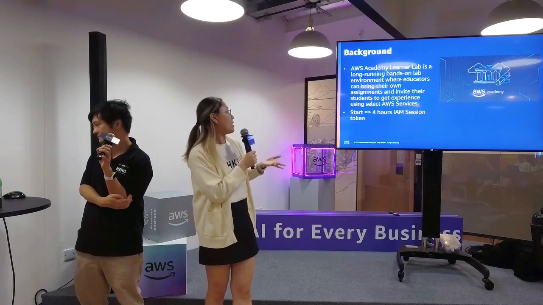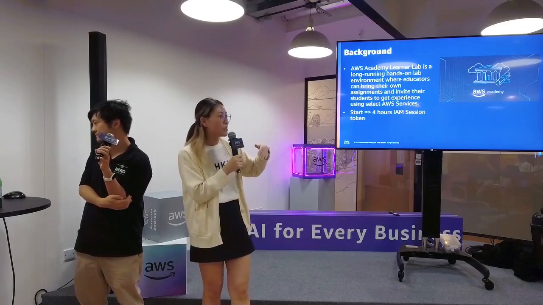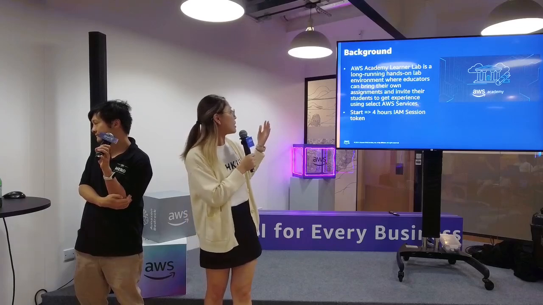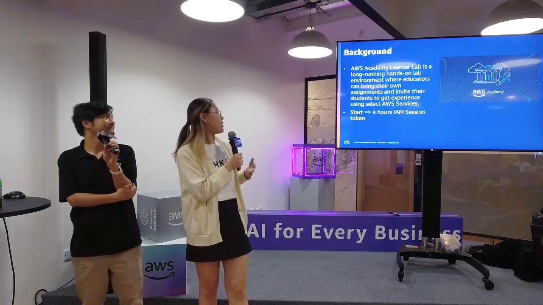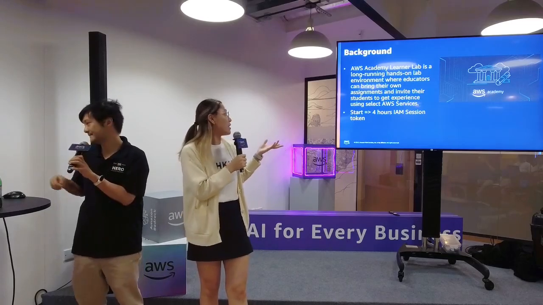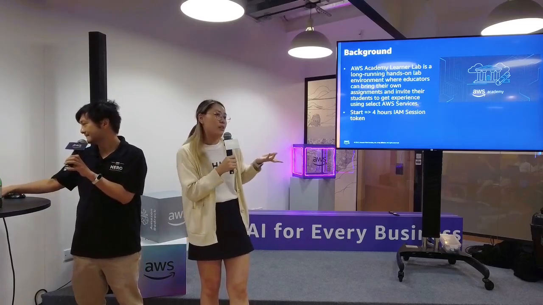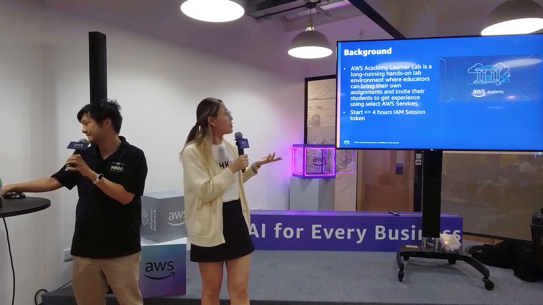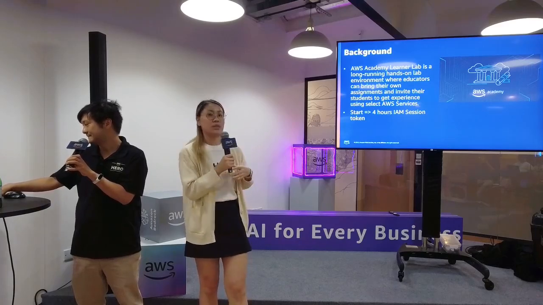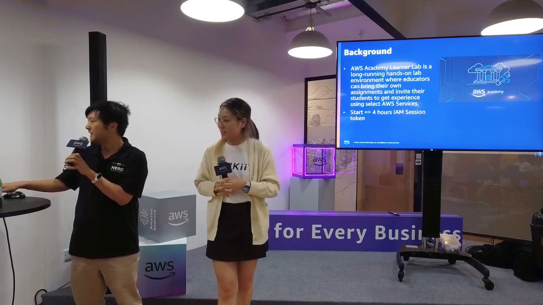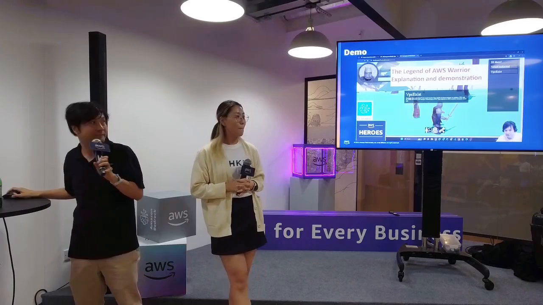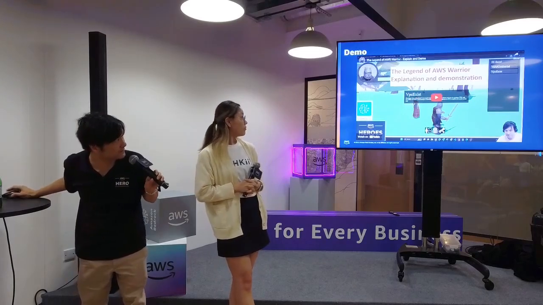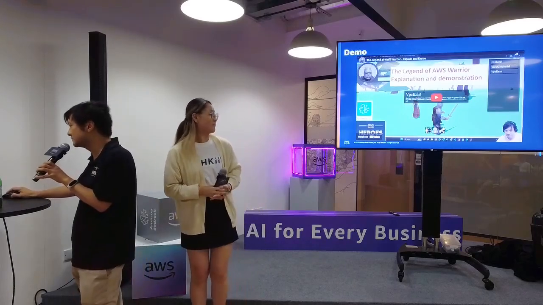Educators can invite their students to get more experience using AWS services. It starts for free with a 4-hour IAM session token, which means every time students start the lab, they have 4 hours to try it out. Let me show you the demonstration, and then I'll explain the architecture.